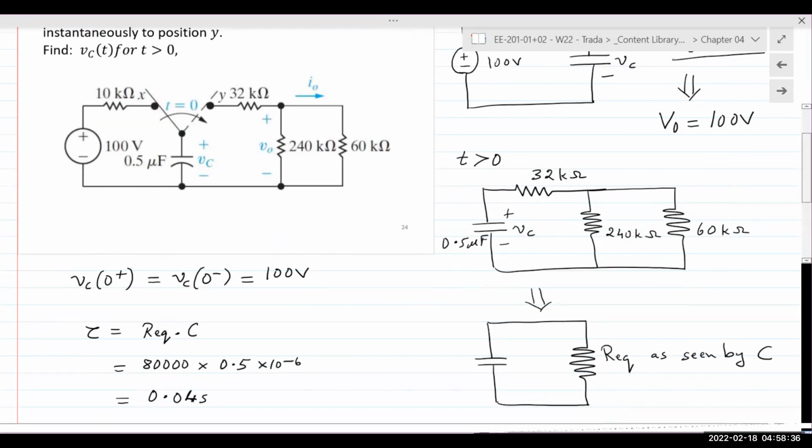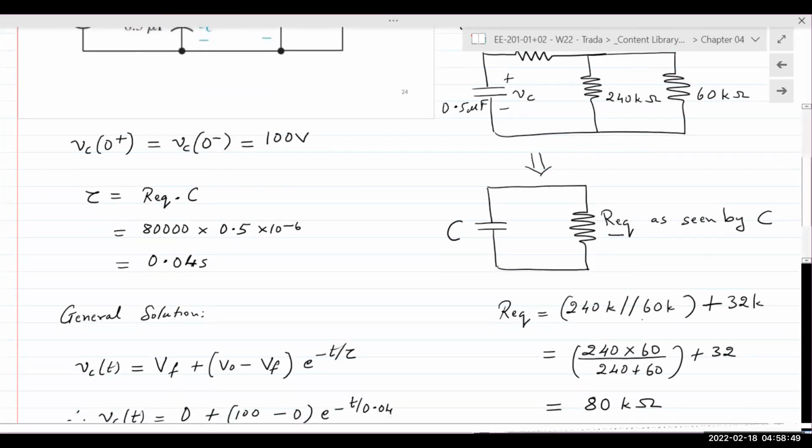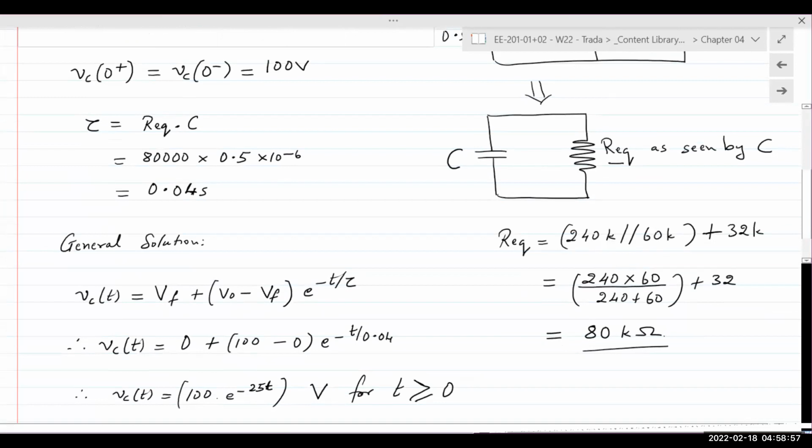We can reduce the 3 resistors to a single Req as seen by the capacitor between those terminals. Req is the 240 kilo ohm resistor in parallel with the 60K, which is then in series with the 32 kilo ohm resistor. That gives us a value of 80 kilo ohms.